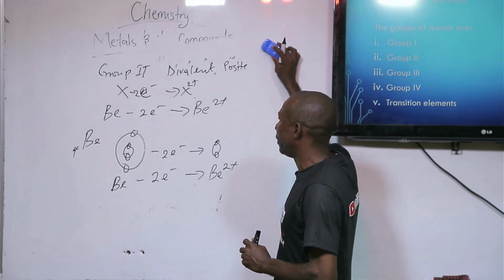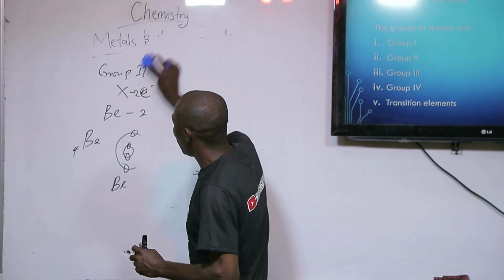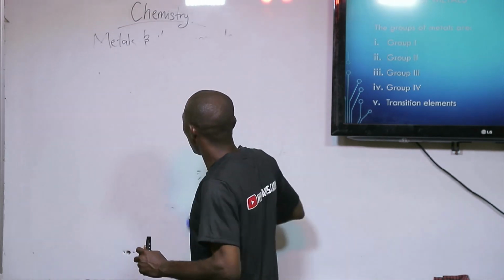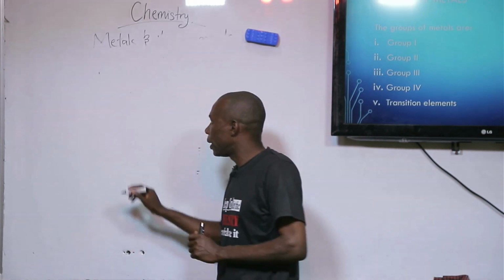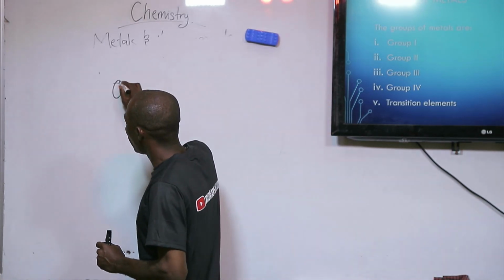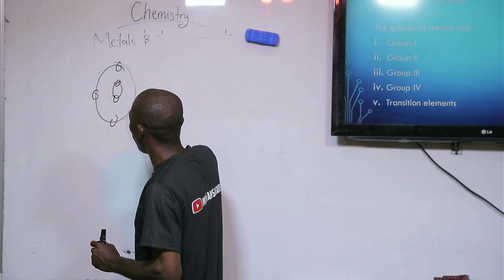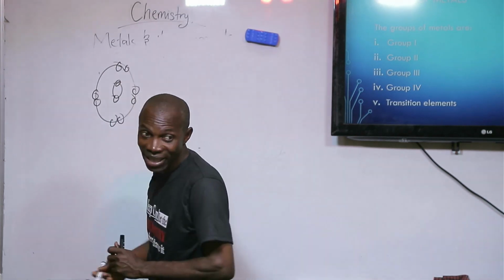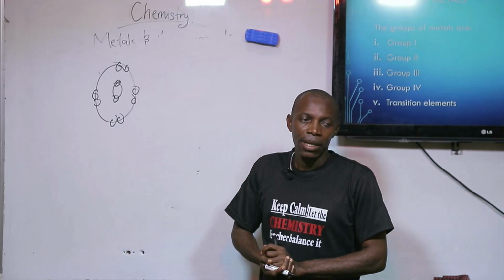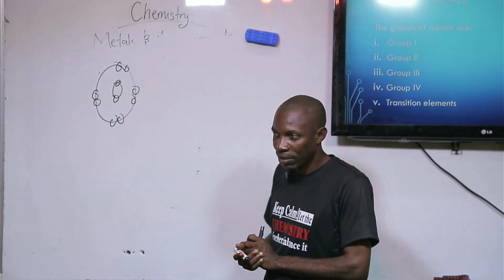In the same vein, you can have calcium. Calcium has how many electrons? 12. The K shell will take how many? 2. The L shell will take how many? 8. Making it what? 10.